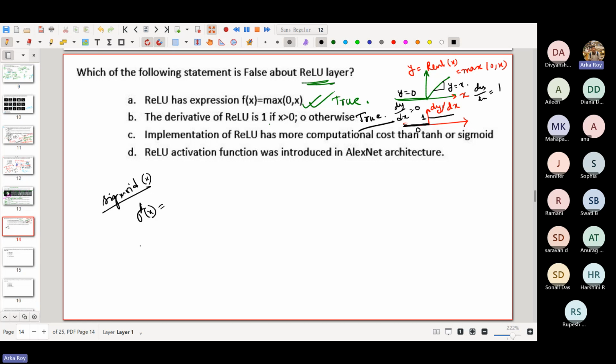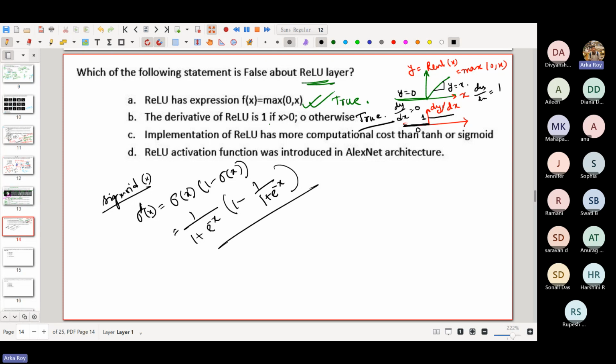So we already did in several lectures that the derivative of sigmoid is sigma of x into 1 minus sigma of x. So now if I show you the complexity, it will be 1 plus e power of minus x, 1 minus 1 e power of minus x, like this.